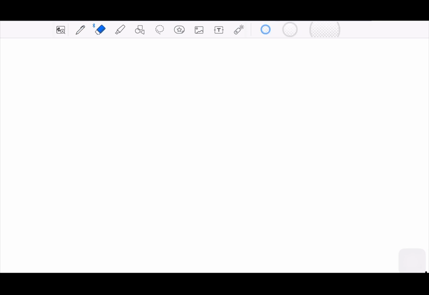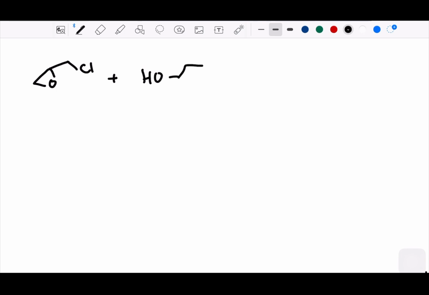So let's say we have the bisphenol like this, right? I'm just writing the important part here.